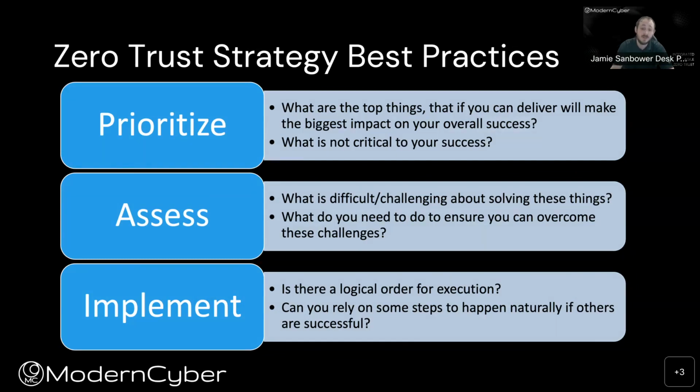Or could it be a different challenge associated with budget, team capabilities, etc.? And then finally, focus on figuring out what is the logical order for execution as a part of the strategy and making sure that you can set up some steps to make sure that you're going to be successful overall.